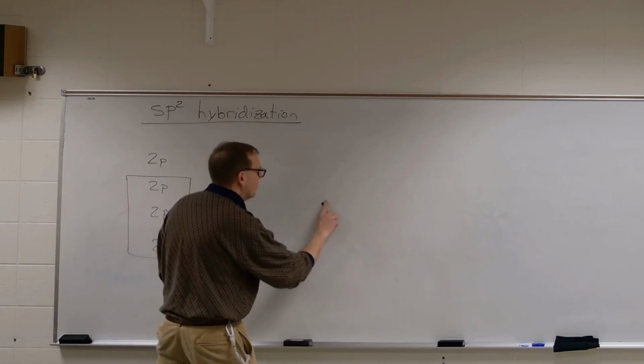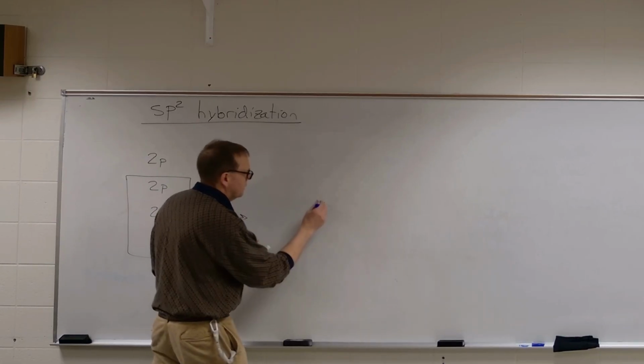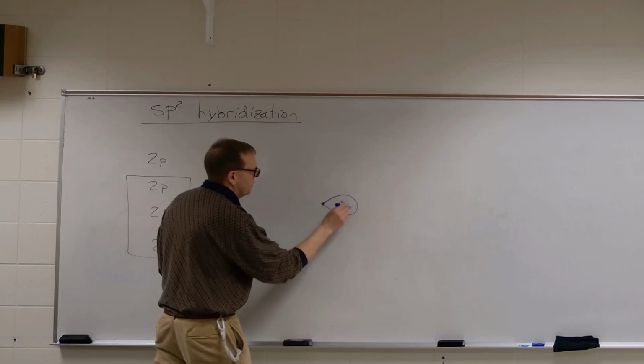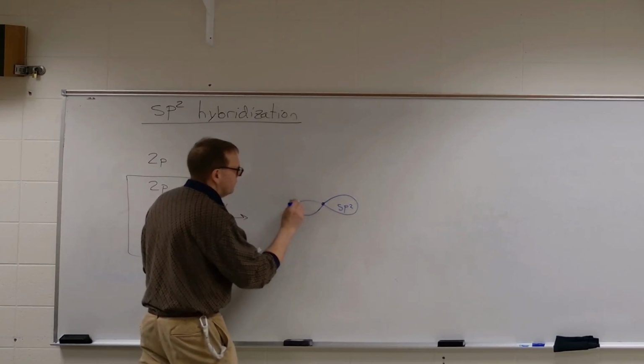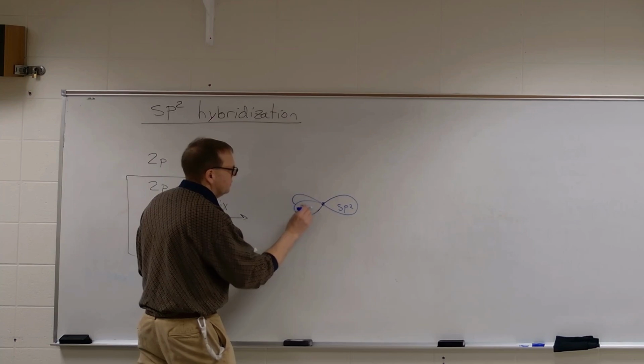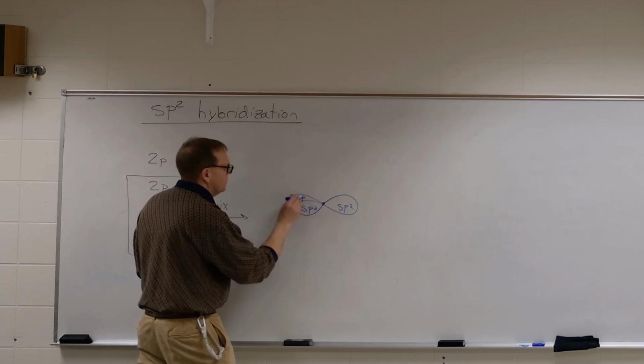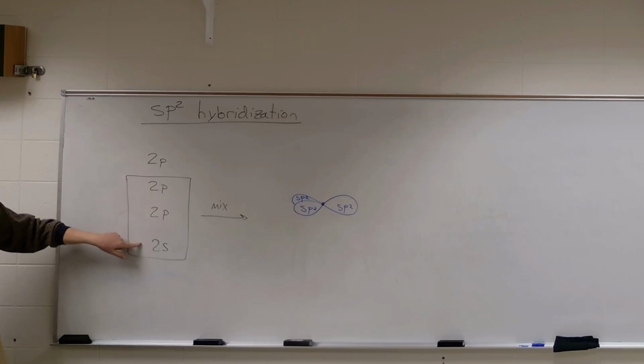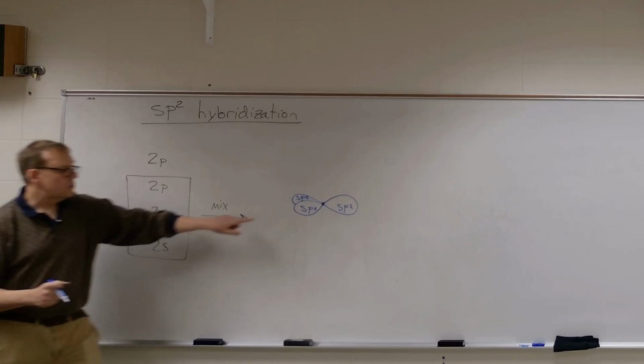and I'll draw the hybrid orbitals in blue. sp2 orbital, sp2, sp2. So we mixed these three orbitals together, and we got three new hybrid orbitals, which are shown here in blue.